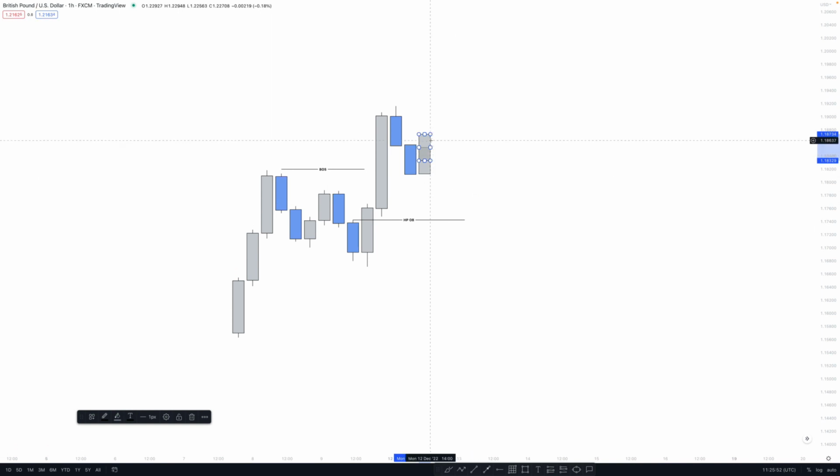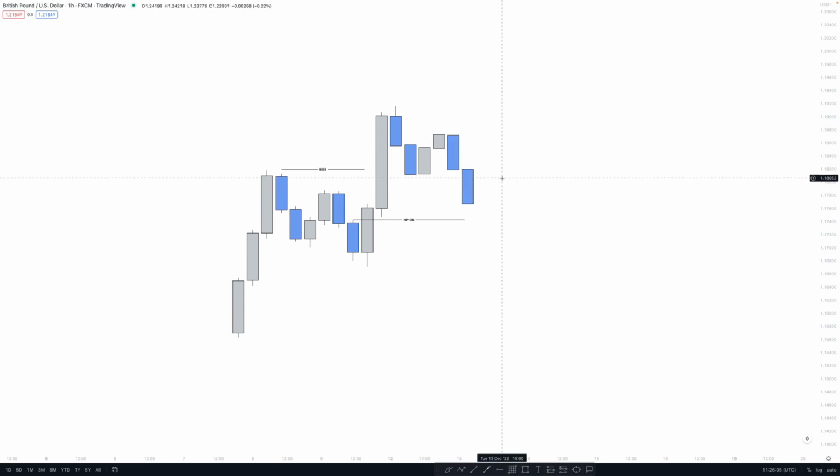Okay, so we see correction, something like this, and then we see something like this, okay, and something like this, okay, and price tags you with this wick.